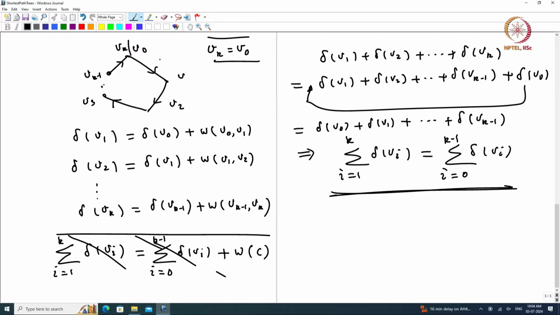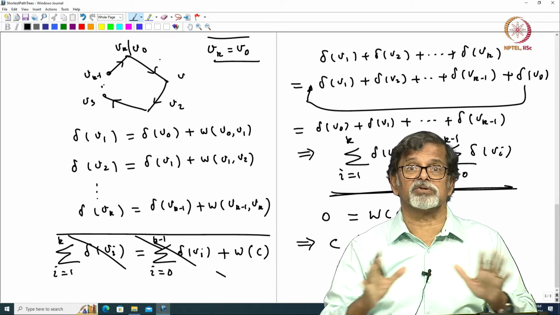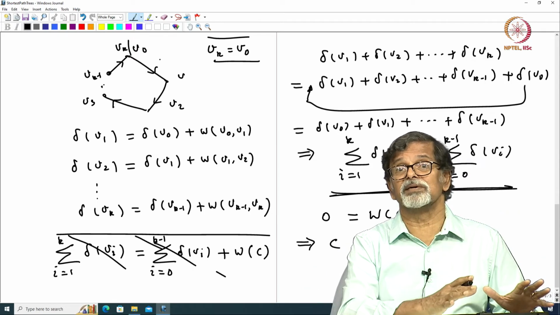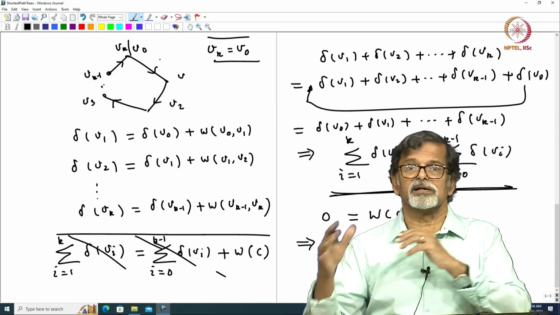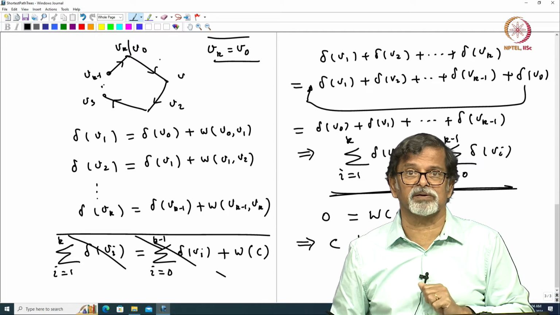When you cancel them out, you get 0 equal to W(C), implying that C is a 0 cycle. But we have assumed that we do not have a 0 cycle or a negative cycle in the graph. Our graph has no negative cycle, no 0 cycle. Only on such a graph can we formulate this equation and then attempt to solve. So, we are assuming that G has that property.